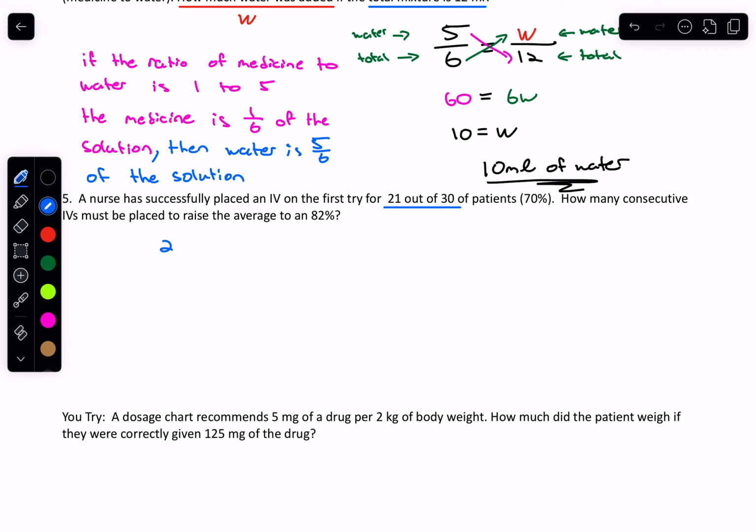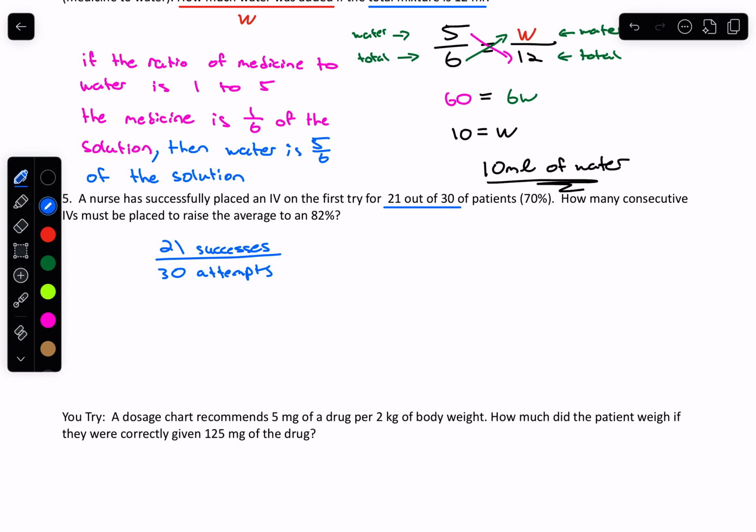that it's 21 successes over 30 attempts. So we have 21 over 30 is our successes to our attempts. And notice that if we divide 21 by 30, we get 0.7, which is where the 70% comes from.